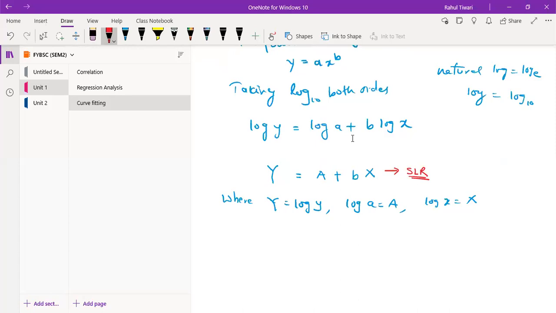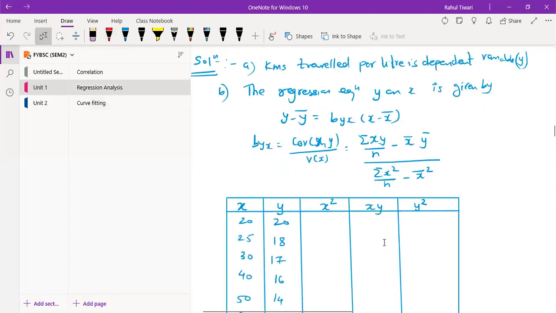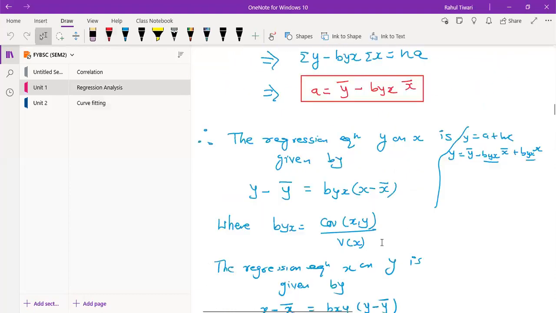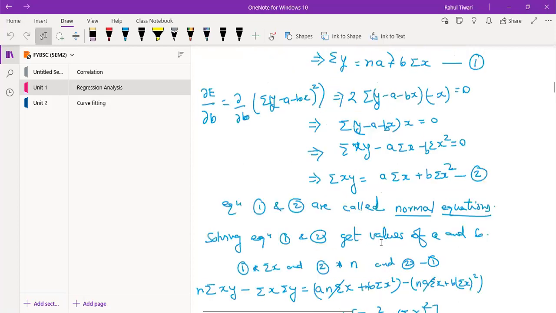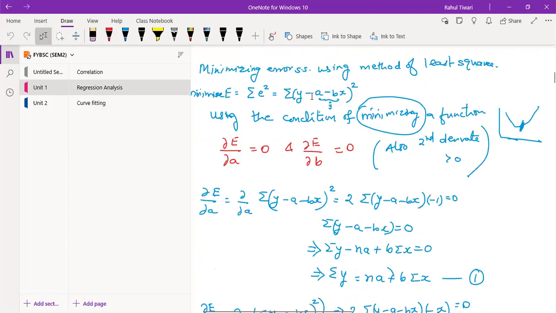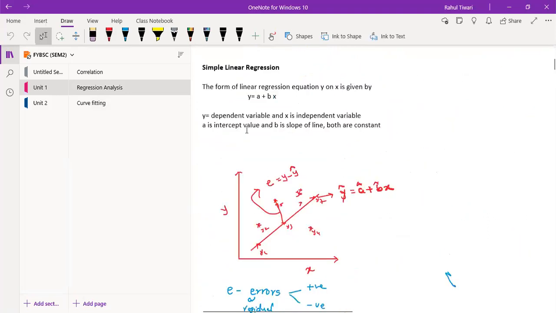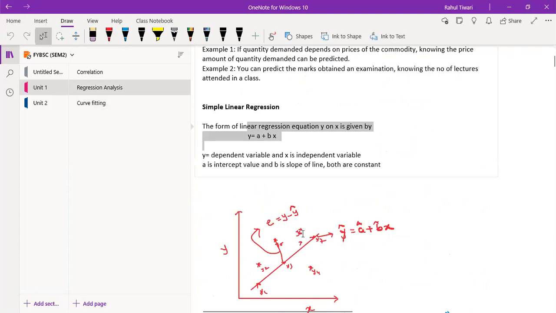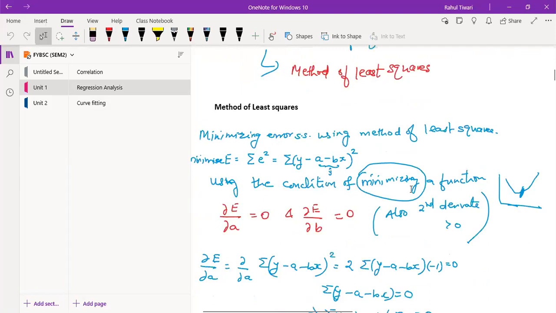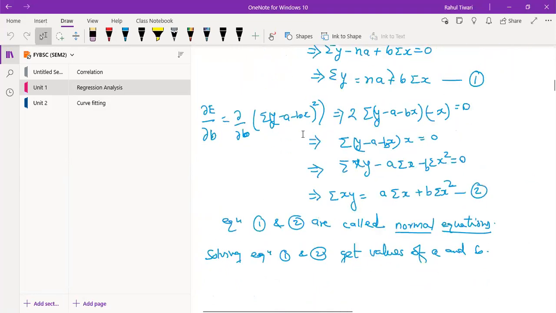I'm not writing the entire derivation which we did in the case of the linear regression model, because you already know about this model. Can you understand? This is the model which you have to do once again, and you will get these two equations.